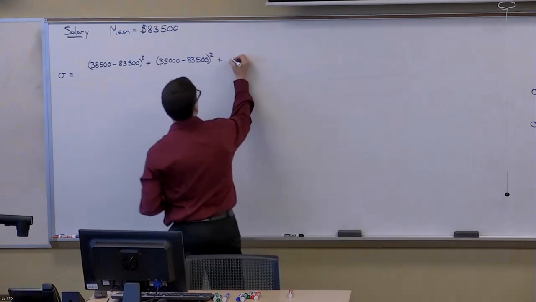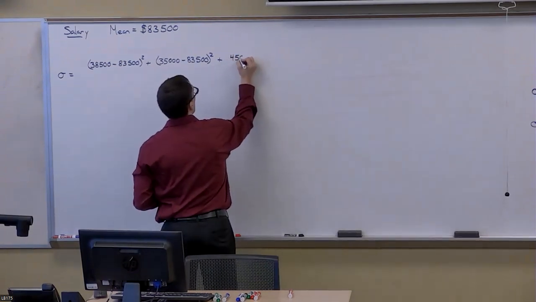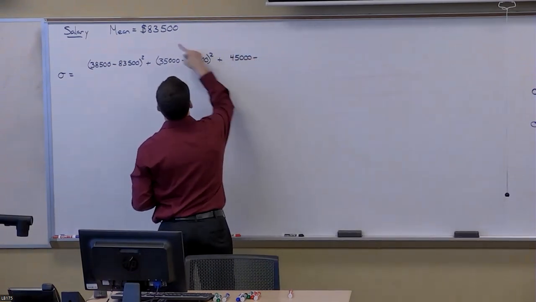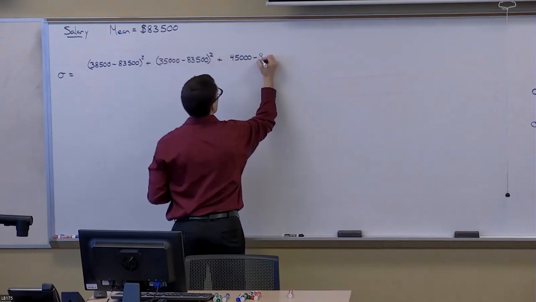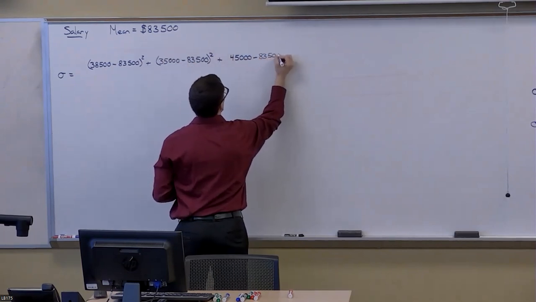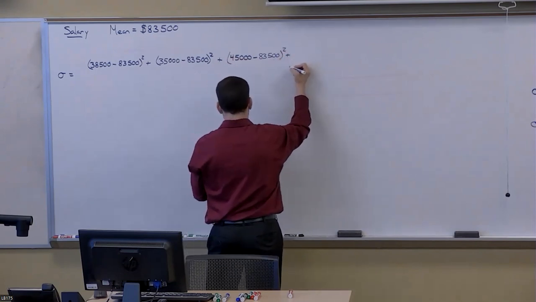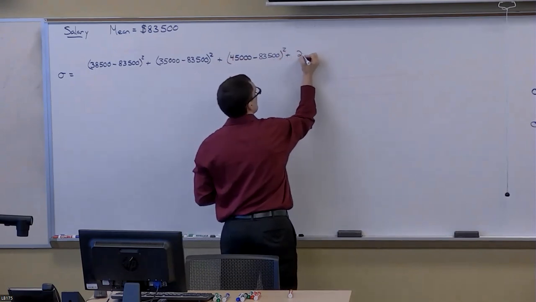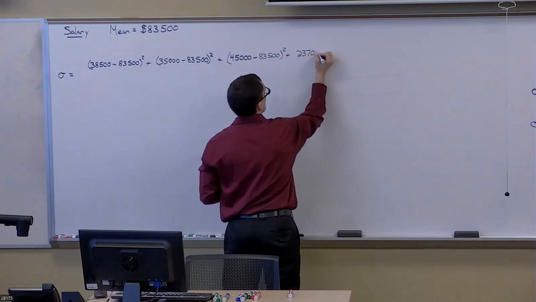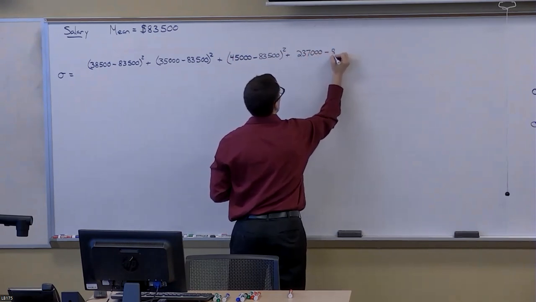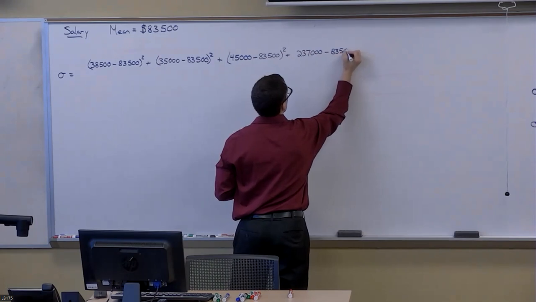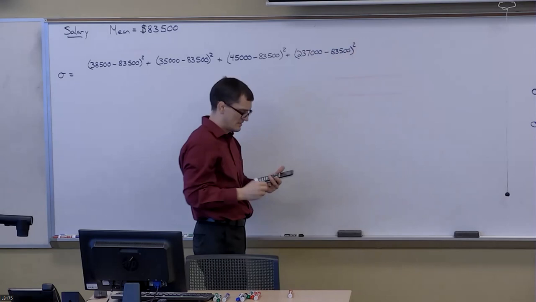So I take 45,000 minus the average, or the mean, square that, plus 237,000 minus the average, square that.